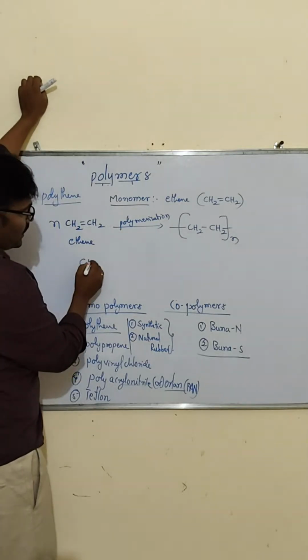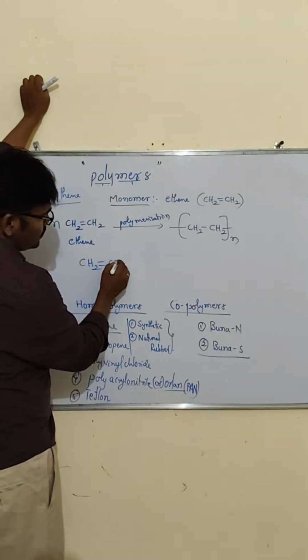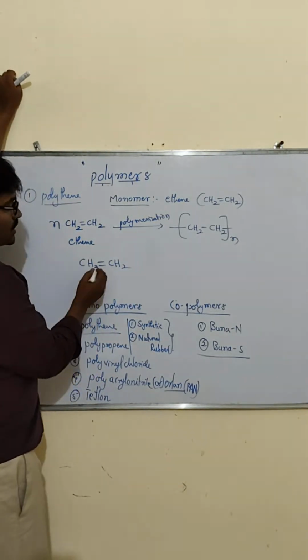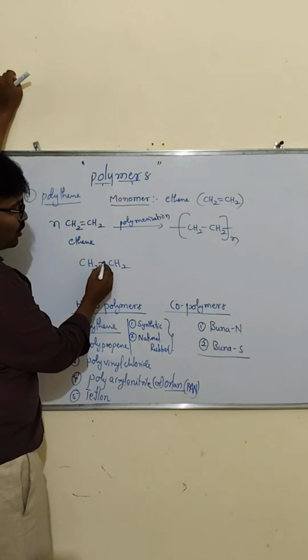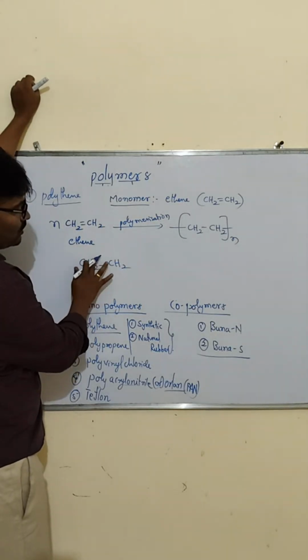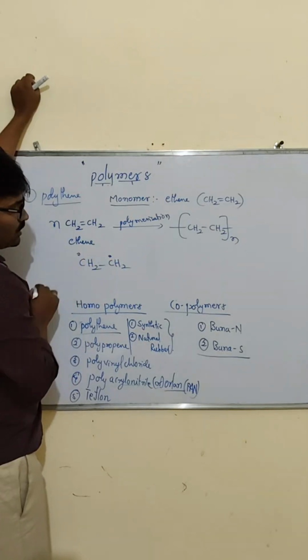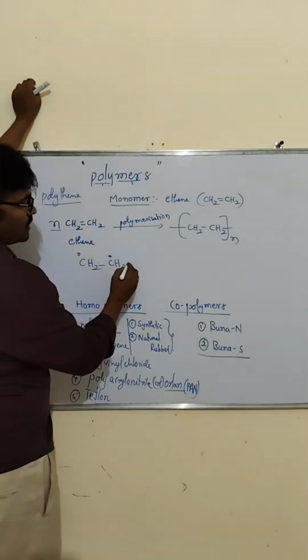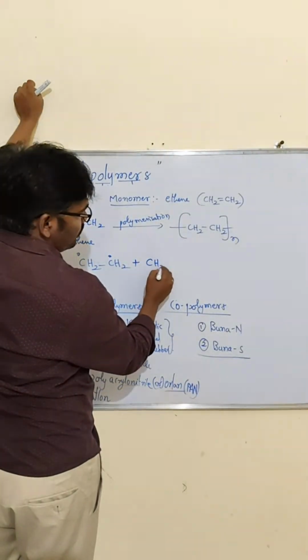In CH2 double bond CH2, one of the bonds undergoes homolytic cleavage, so a radical forms on each carbon. These are N number of ethene molecules, and one more ethene molecule also forms.